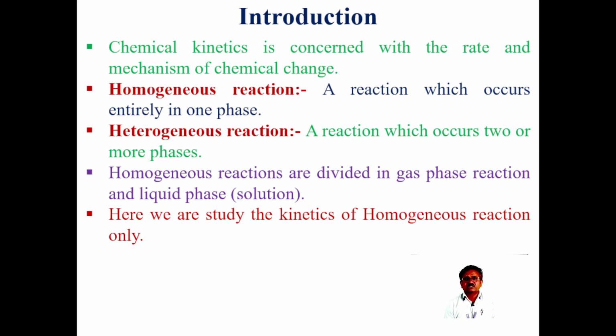A reaction which occurs entirely in one phase is called a homogeneous reaction, and a reaction which occurs in two or more phases is called a heterogeneous reaction. Homogeneous reactions are divided into gas phase reactions and liquid phase, that is solution. Here we are studying the kinetics of homogeneous reactions only.